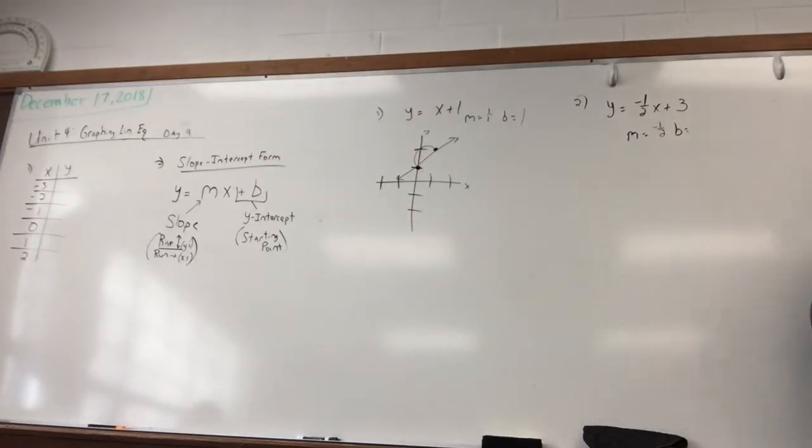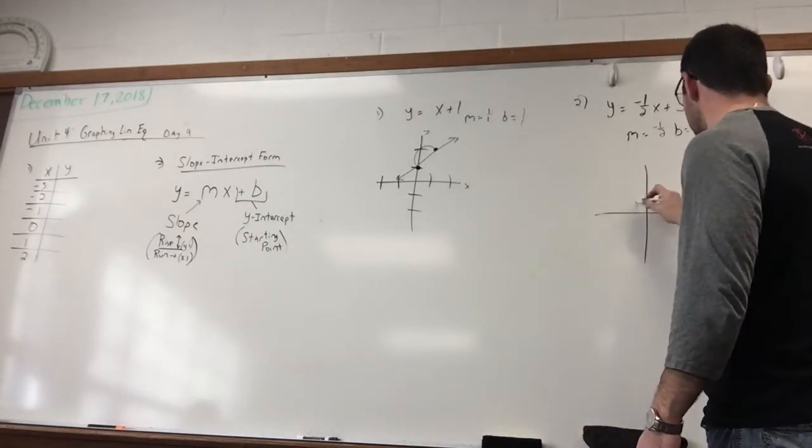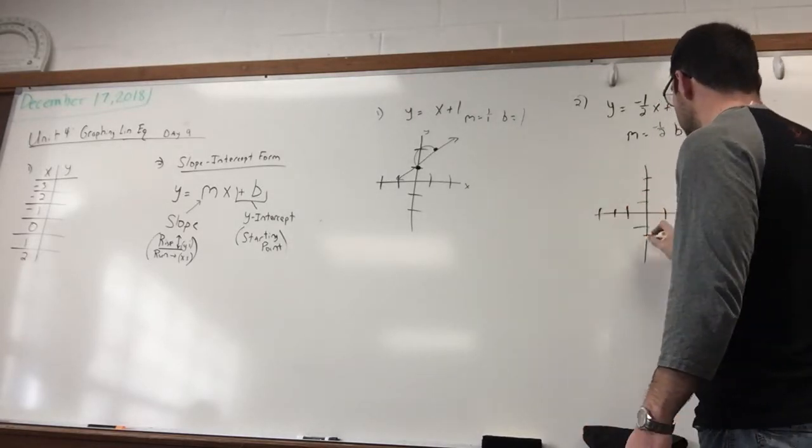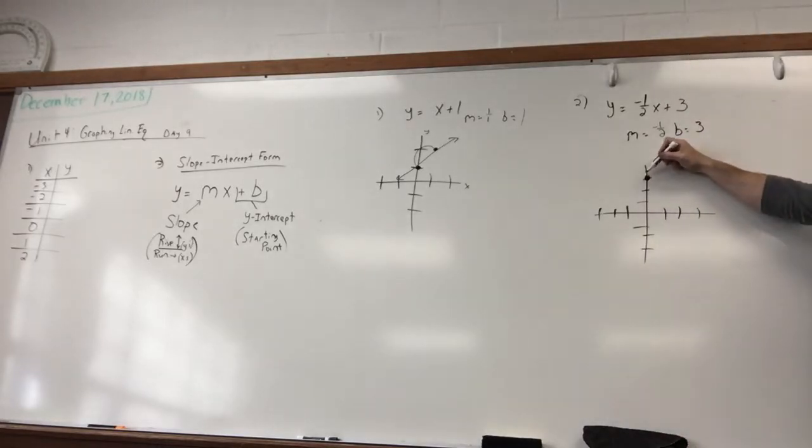It's all right. What about my b? What would be my b, David? 3. So to graph this, we only need 2 things. We need my y-intercept, which is where I start. My slope is negative, which means down first, down 1, then run 1, run 2.